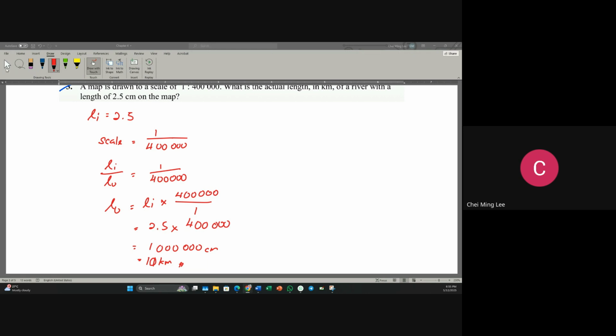Correct? You get what? The formula in the book is actually the same: the scale drawing divided by the object. The formula is the same. It's just that I'm using different labels only.